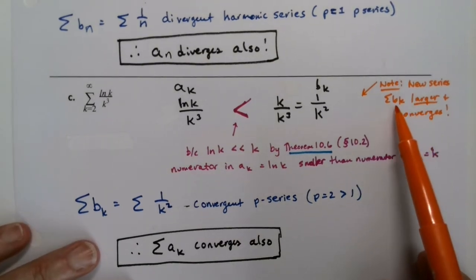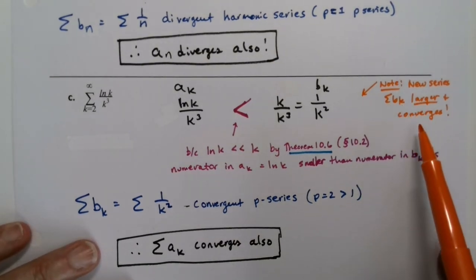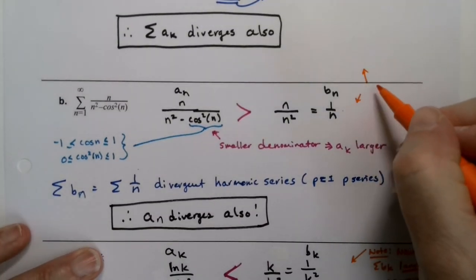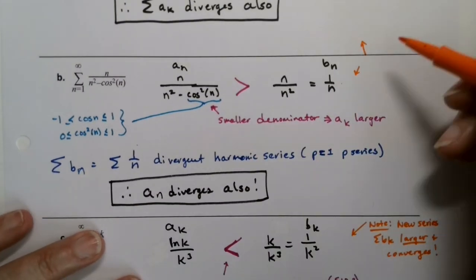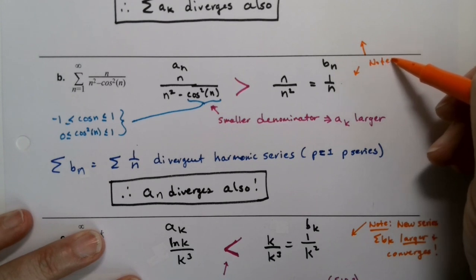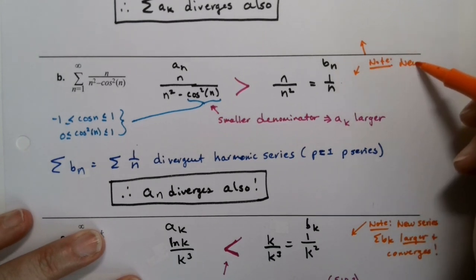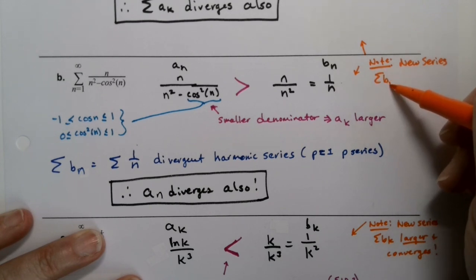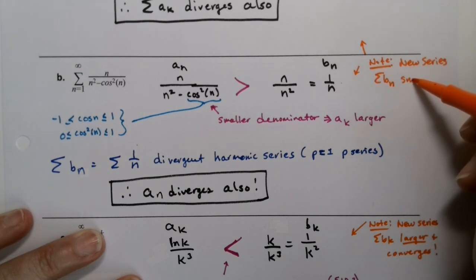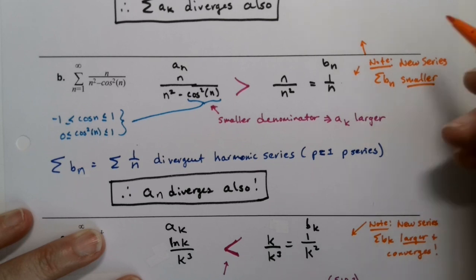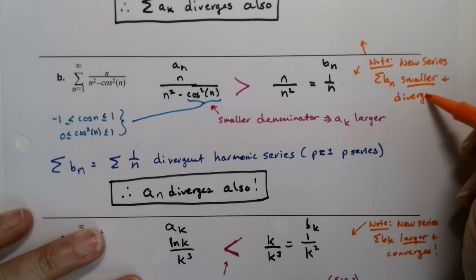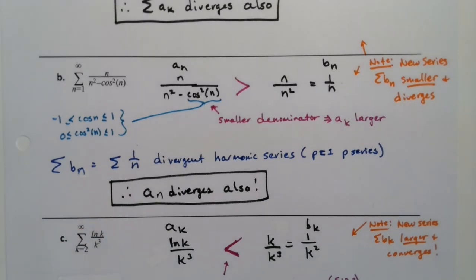So the new series b sub k is larger and it converges, as opposed to both of these ones where the new series, and it's b sub n and b sub k, but you get the gist, b sub n is smaller, right? In both of A and B, it's a smaller series and it diverges. Those are the only two cases that do you any good for the comparison test. It has to be one or the other.